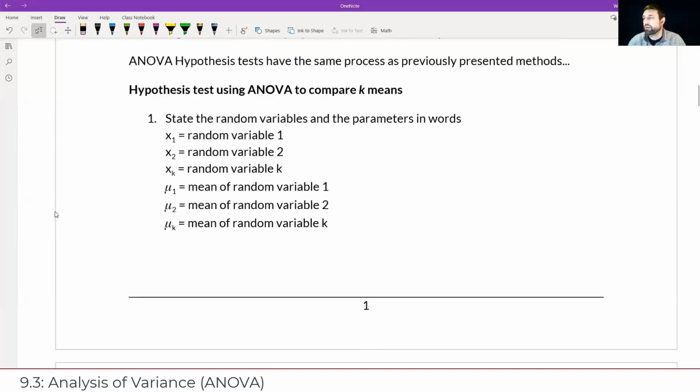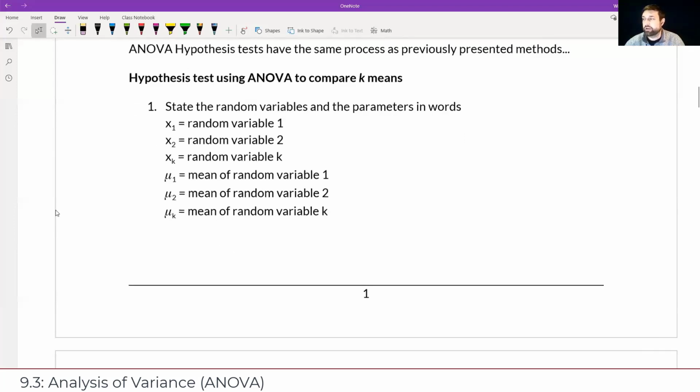That's what we're doing. So here's the setup. You have to identify your random variables. However many sample sets you have, that's what K is. So for example, if you had 5 samples, then you're gonna have X1, X2, X3, X4, X5. So K would equal 5 in this case, okay?